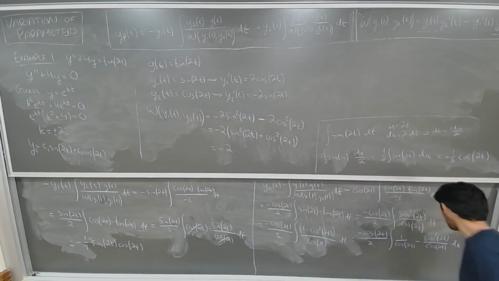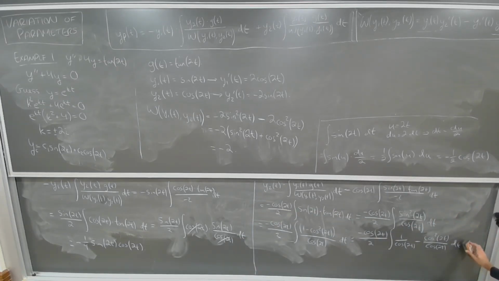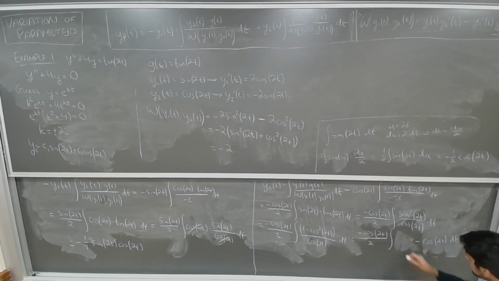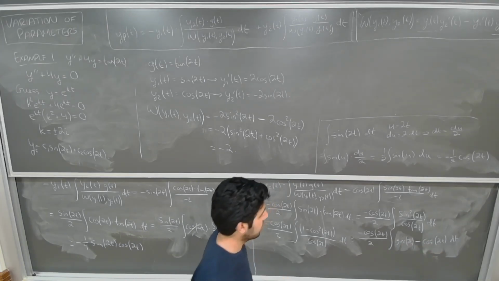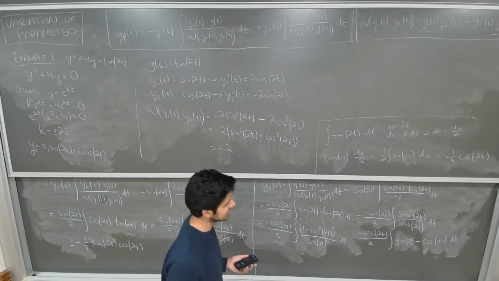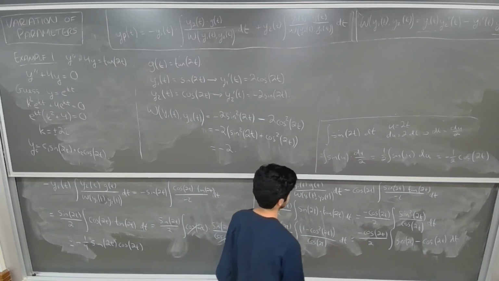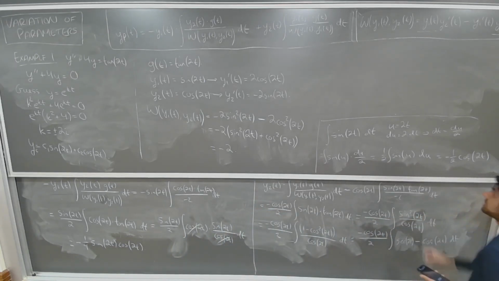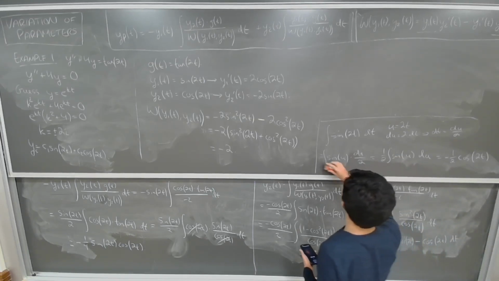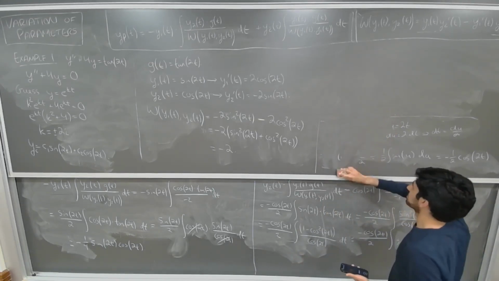The cosine squared 2t and the cosine 2t, they partially cancel. So we can rewrite this as cosine of 2t. And 1 over cosine of 2t can be rewritten as secant of 2t. Okay, so now the question is, what's the integral of secant of 2t and what's the integral of cosine of 2t? And again, we can do them off to the side up here. Maybe I'll need a little bit more room.